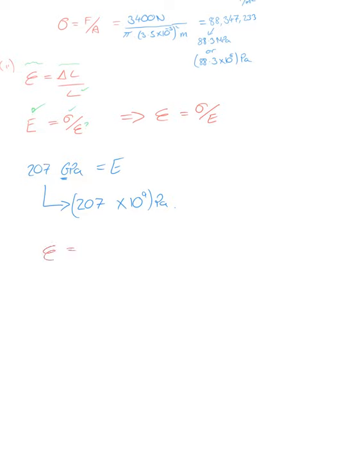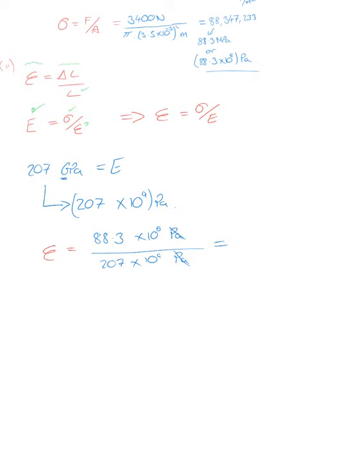Strain is equal to stress. We said stress was equal to 88.3 by 10 to the 6 pascals. Divide by E, 207 by 10 to the 9 pascals. Our units are going to cancel, so we look good because strain doesn't have a unit.